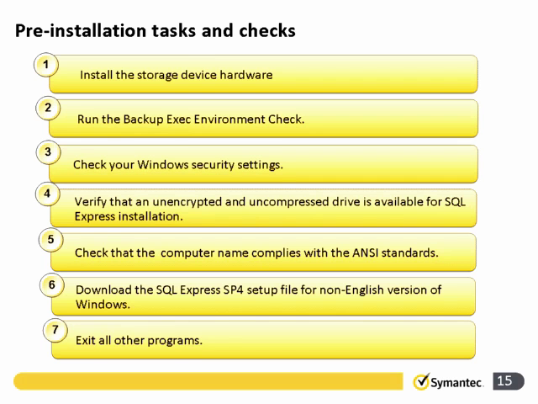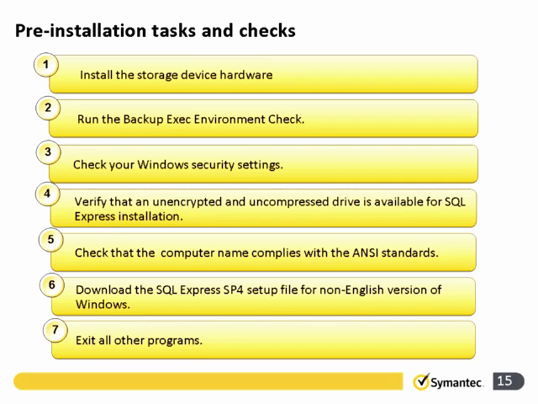We'll take a look at it here in a moment, and you can rerun it if you don't meet minimum requirements. So you do want to run it, make sure everything is okay, make sure that your Windows security settings are set so that you can read and write and pass through the firewall, an unencrypted, uncompressed drive for the SQL database, and make sure the host name is fully ANSI.